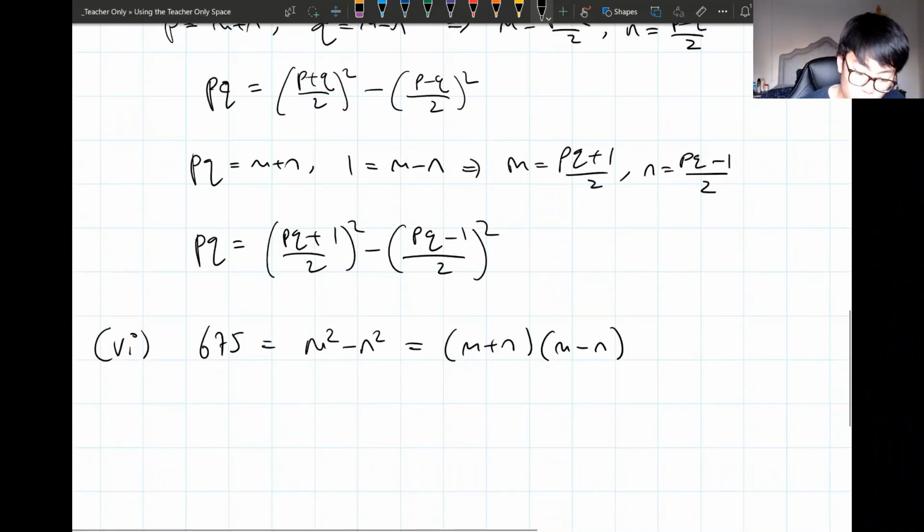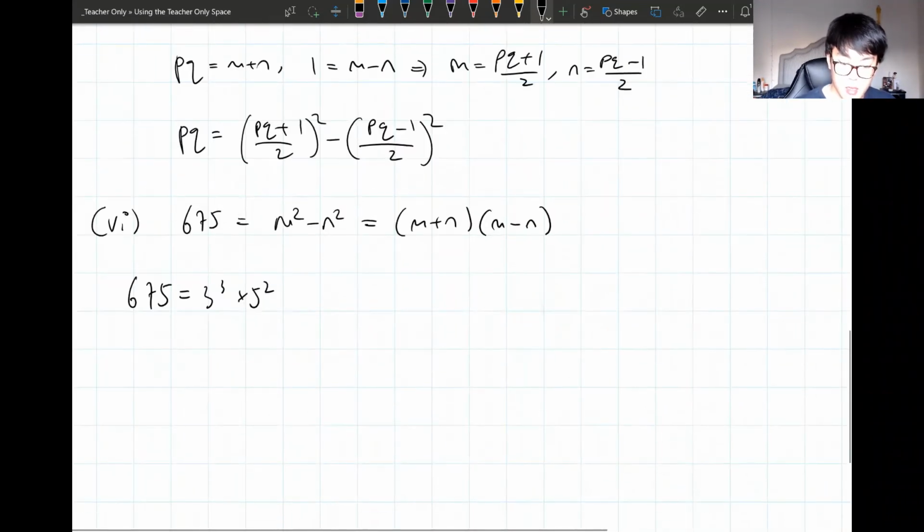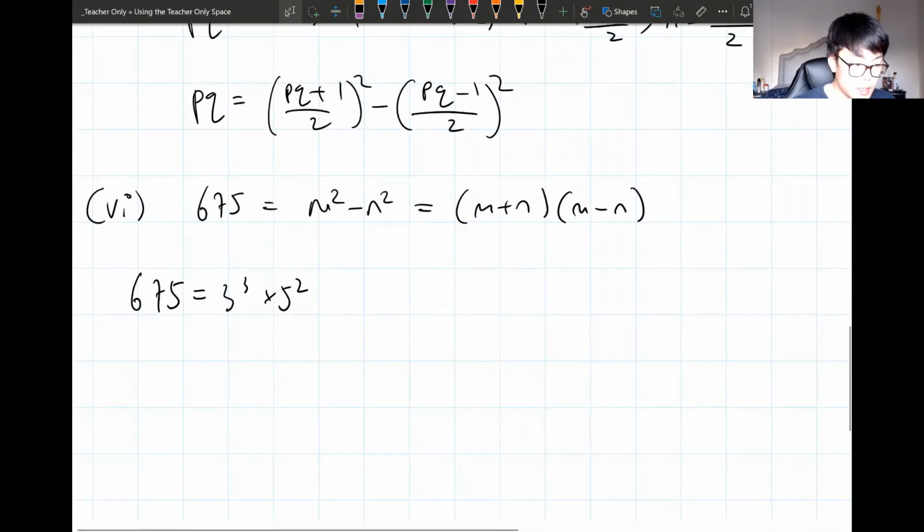We can firstly factorize 675, and we should get 3 cubed and 5 squared. Actually there are exactly 5 ways we can split this into different products.